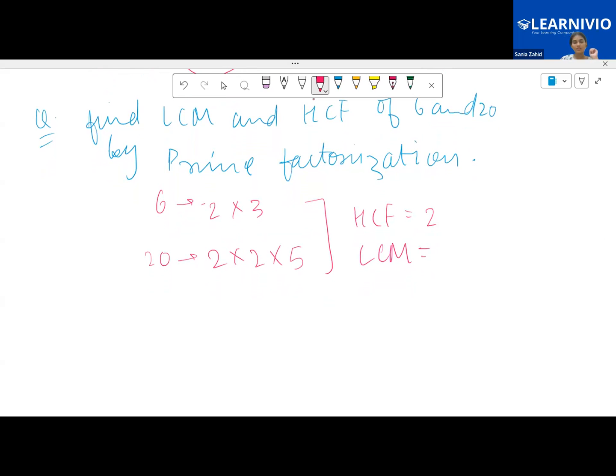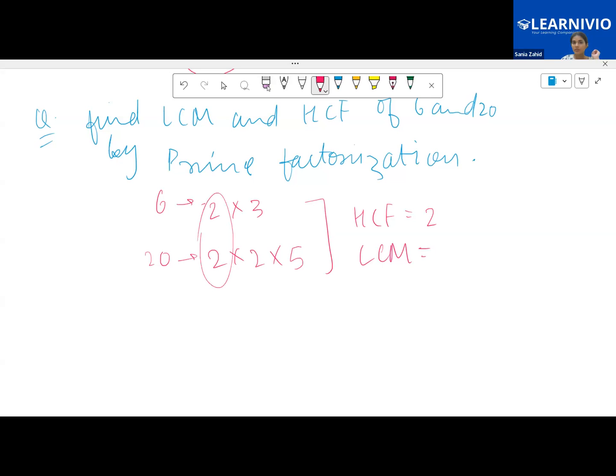So how do you get 60, Ifra? We'll multiply 2, 2, 3 and 5. Why did you multiply 2, 2, 3, and 5? I want an explanation for that. Because 2 is common. Fine, 2 is common.